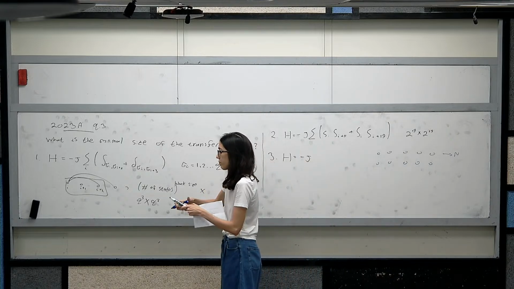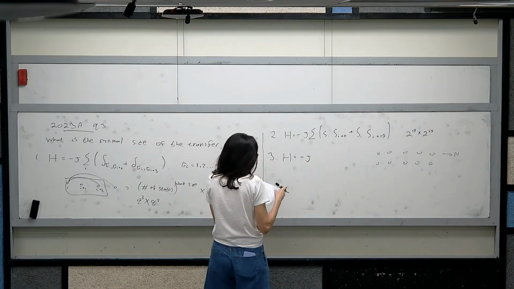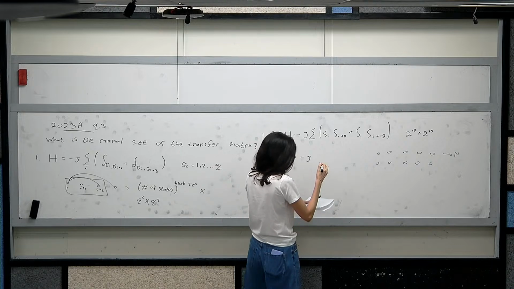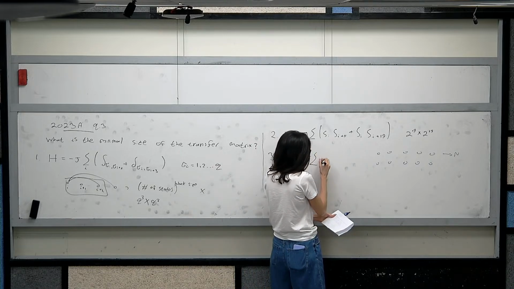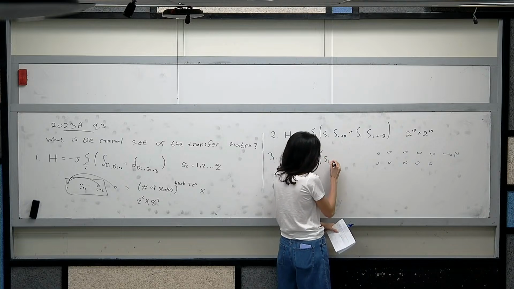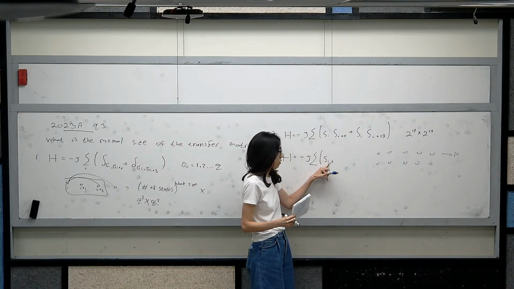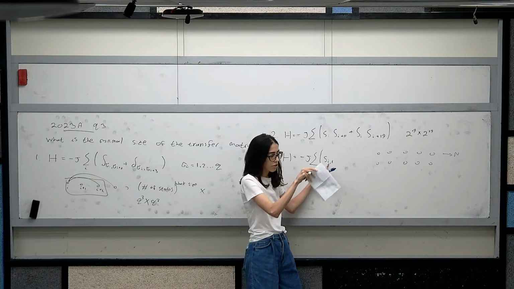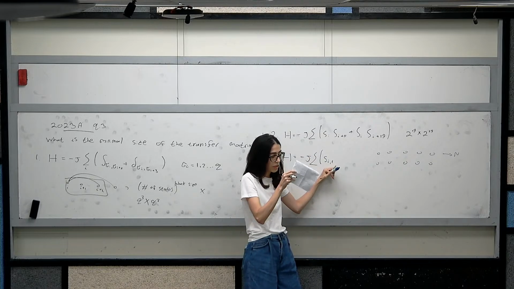So when we write the Hamiltonian, we're going to have S_i1. This is the coordinate for the x direction, and this is the coordinate for the y direction.